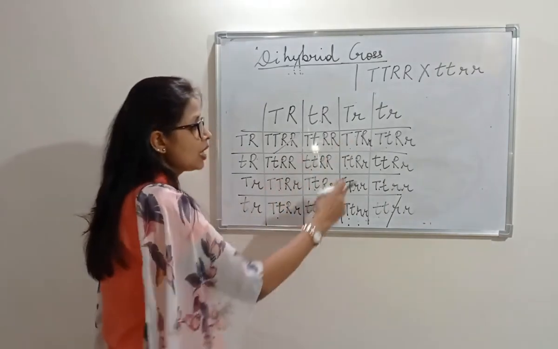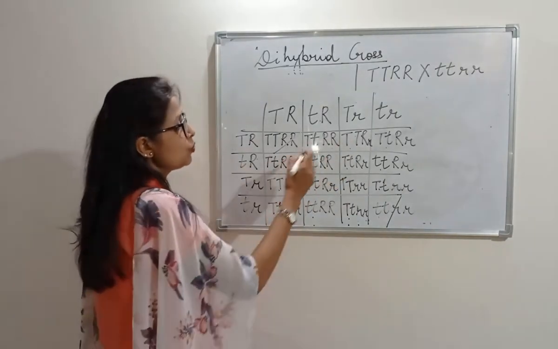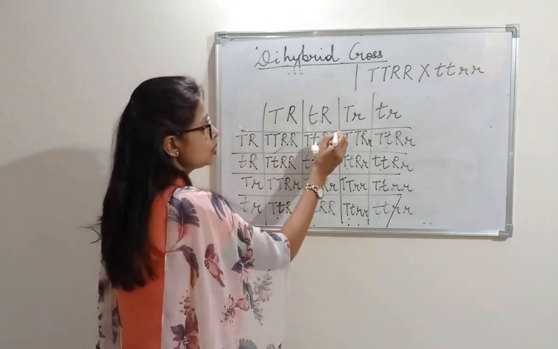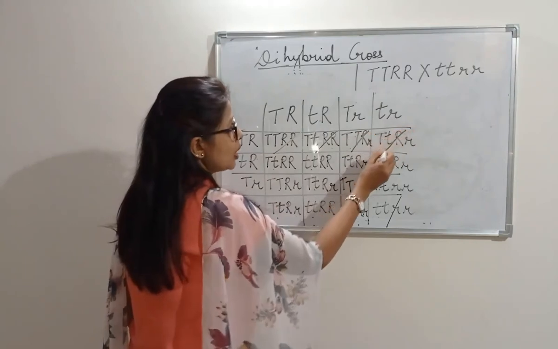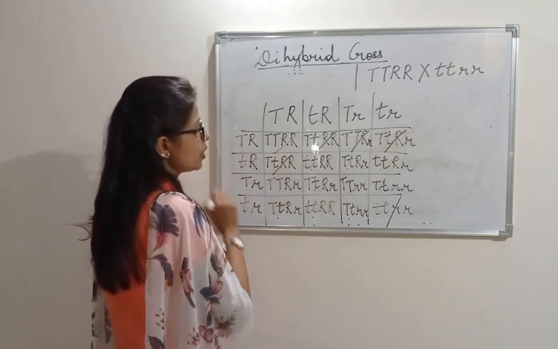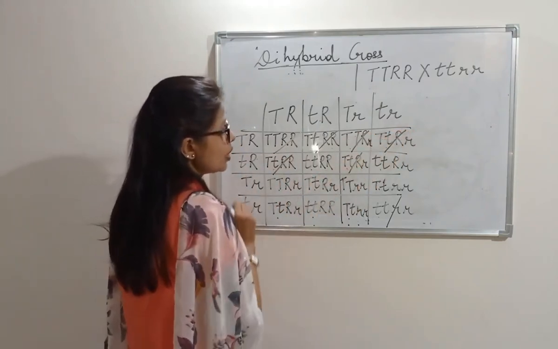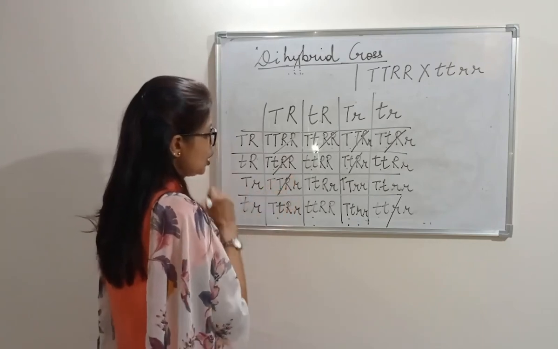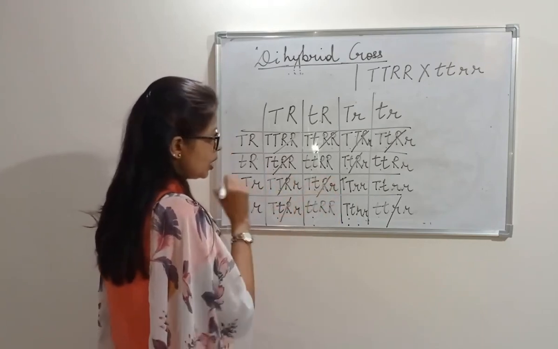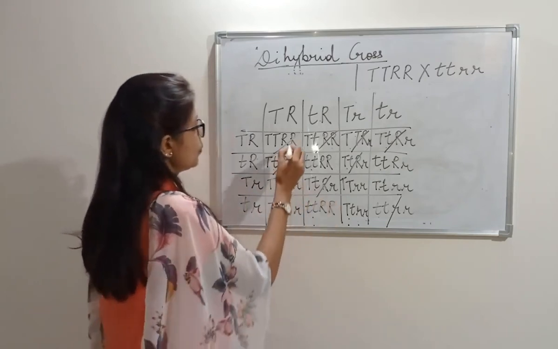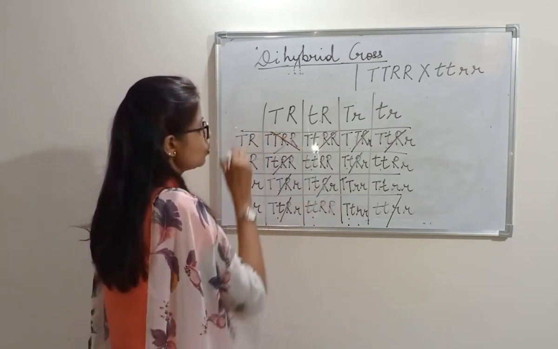But remaining, if we see, how many do we get? Tall and round, tall and round, and so on. So this one we will cross out first.